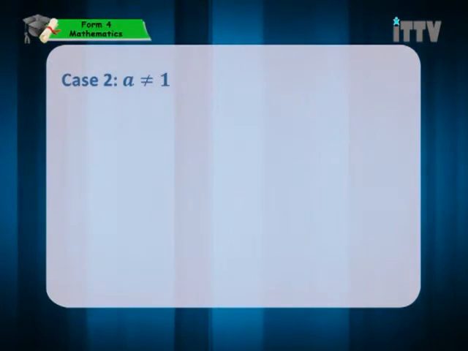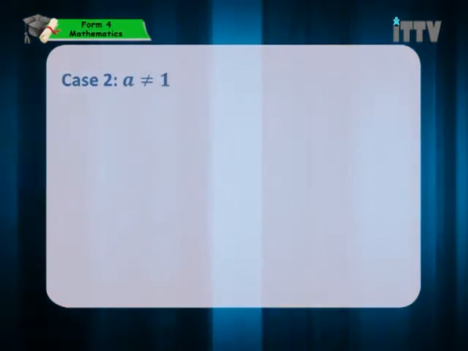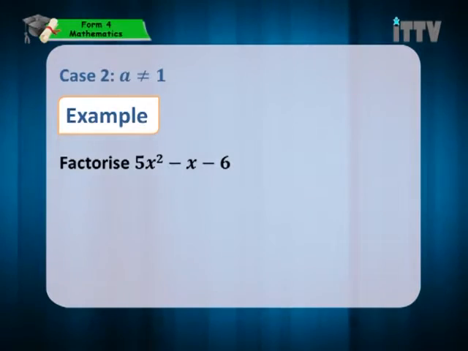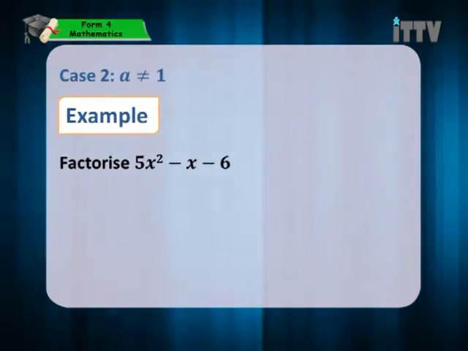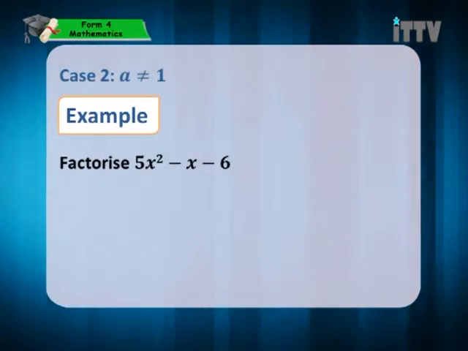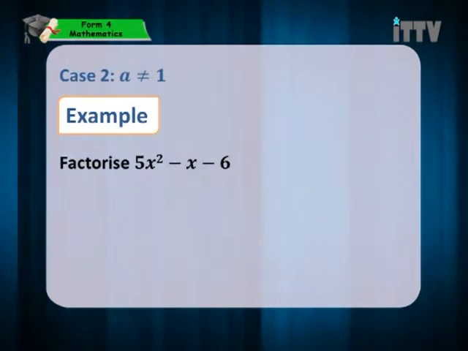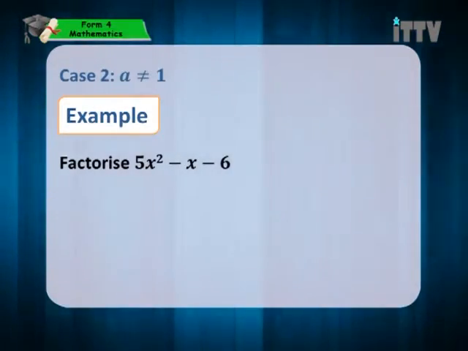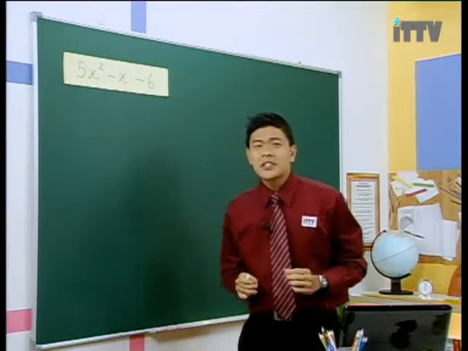Let's look at case 2. If a is not 1, for example, factorize 5x squared minus x minus 6. Now I want you all to take a look at this quadratic expression.